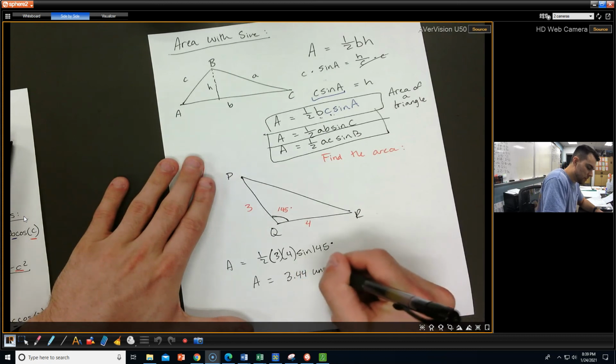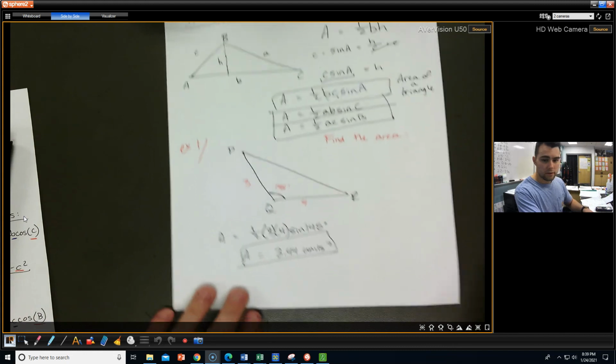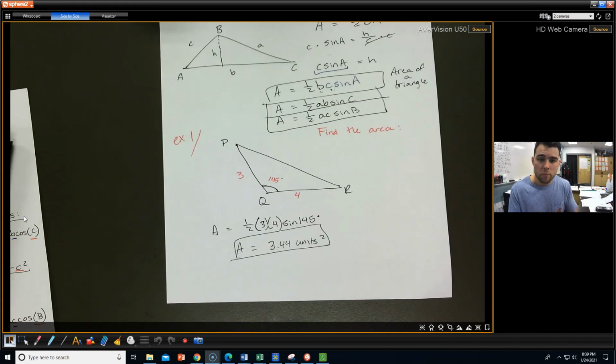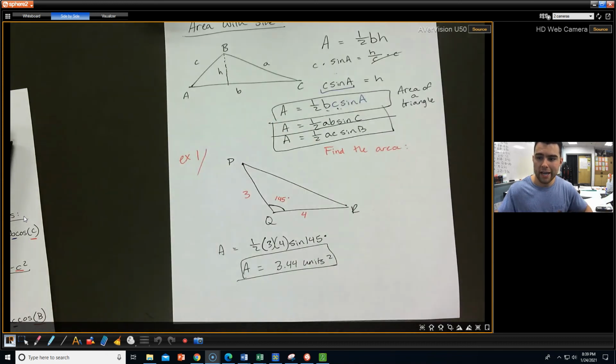You can actually put units squared for this one because we are talking about an area, right? And that's it. So your homework is just going to be about working with those 2 laws as well as this alternative area formula, and just like normal, and to get us prepared for when we tackle sectors.